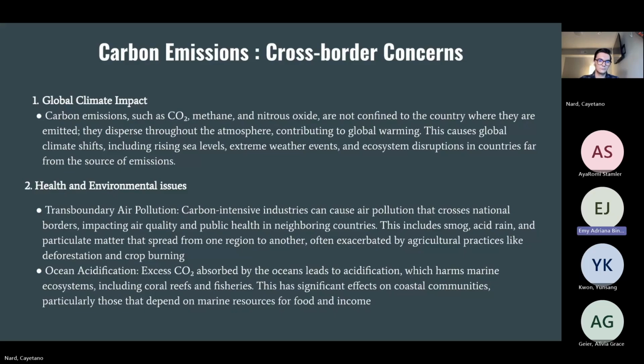Another issue is ocean acidification. Excess carbon dioxide is absorbed by the oceans, leading to acidification, which harms marine ecosystems, including coral reefs and fisheries. This has significant effects on coastal communities, particularly those that depend on marine resources for food and income.